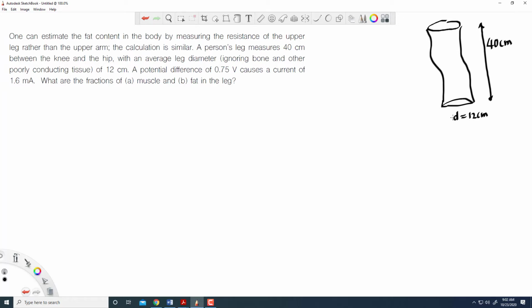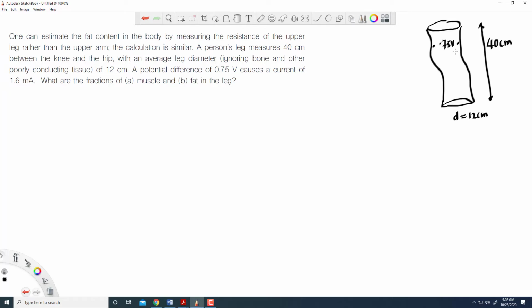And then you are applying the potential difference of 0.75 volts. Between any 2 points, you apply a potential difference of 0.75 volts.